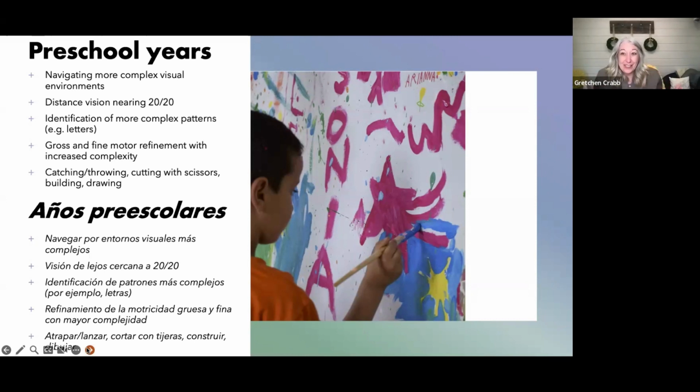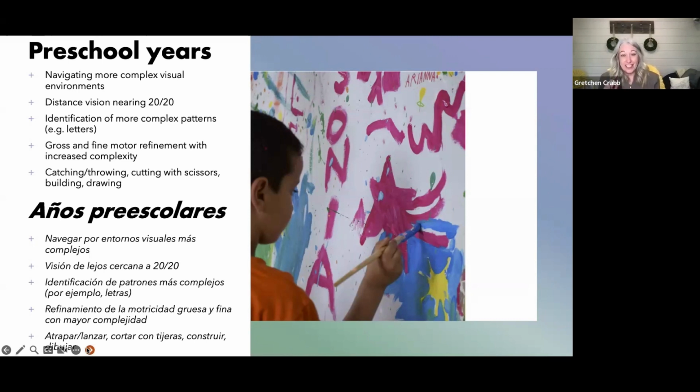So they can handle a little bit more complexity. Their distance vision is nearing 20/20. They have identification of more complex patterns like letters and numbers and symbols. We see an increase in fine and gross motor refinement and complexity. So they're starting to be able to play soccer, kick a ball, or cut with scissors and start to draw themselves. We're noticing all of this develop.